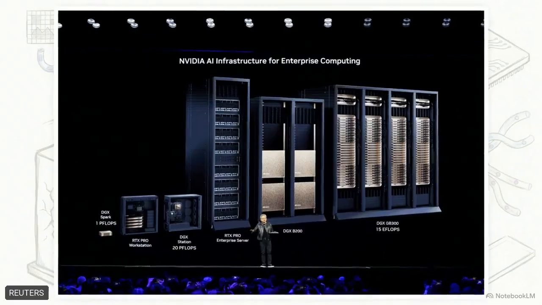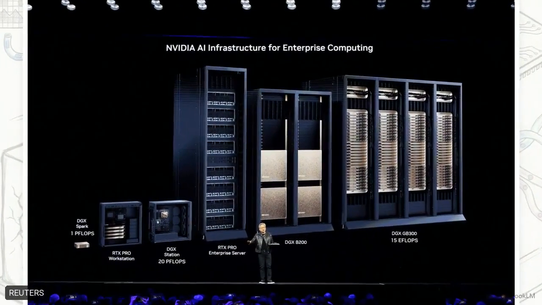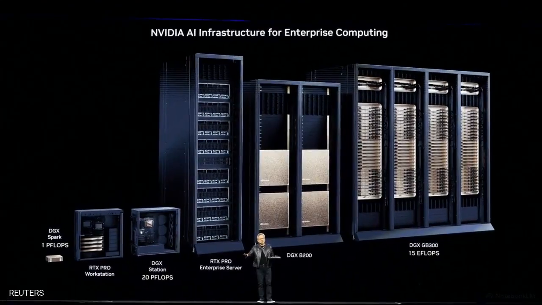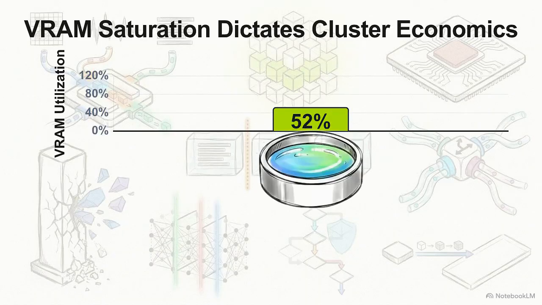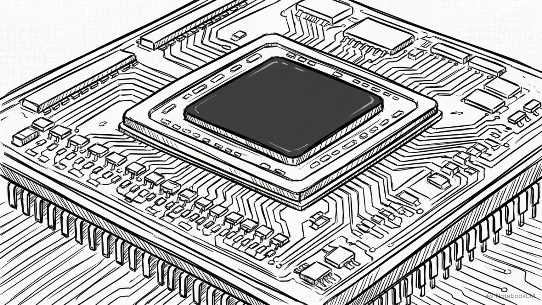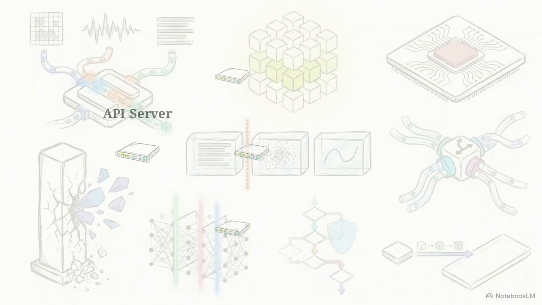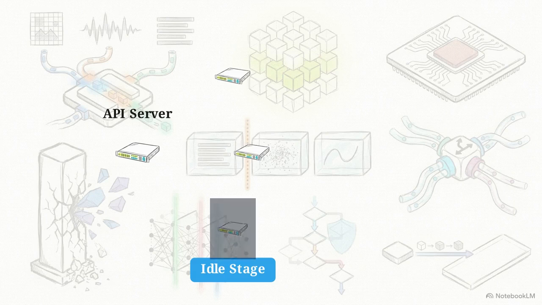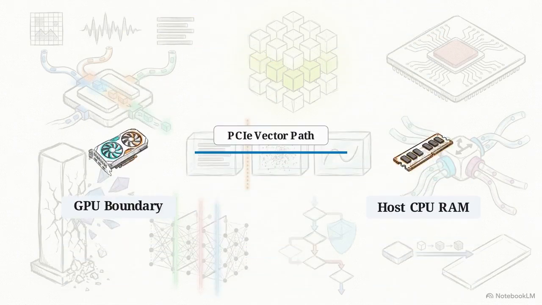In an active production environment, physical hardware resources are strictly finite. Maximizing the utility of your available accelerator memory directly dictates the overarching economics of the entire AI cluster. To address this, the framework utilizes OmniSleep mode. This feature is designed to forcefully reclaim physical VRAM from targeted idle model stages without shutting down the central API server. During a Level 1 execution, the system initiates a deterministic device-to-host transfer.